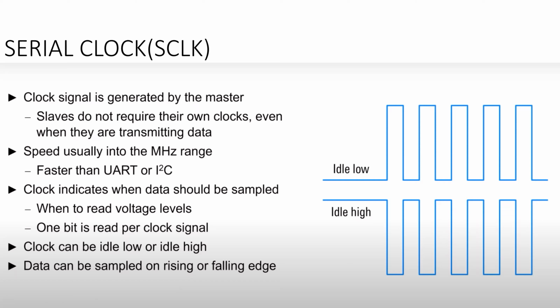Here the clock is completely generated by the clock master. The master will completely generate the clock, and there is no need for the slave to generate any kind of clock, because it has to respond according to the clock generated by the master. It's simple as it is. Slaves do not require their own clocks even when they are transmitting data.